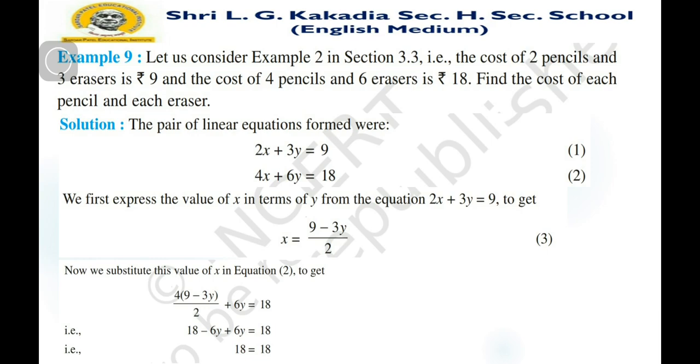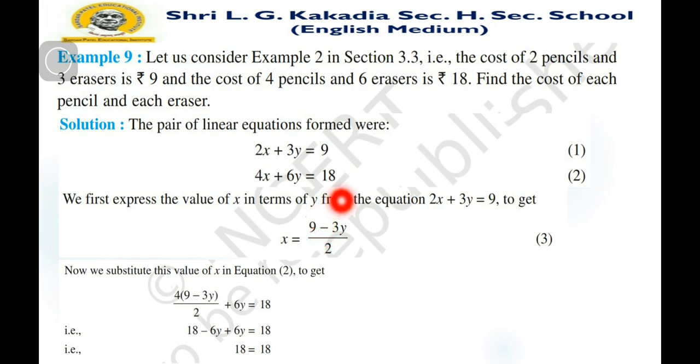So how is this possible? Because both lines are the same. If you divide equation number 2 by 2, then what do we get? 2x plus 3y is equal to 9. So you can see that both equations are similar to each other. This means if you draw the lines of these two equations, it will be a coincident pair of linear equations.